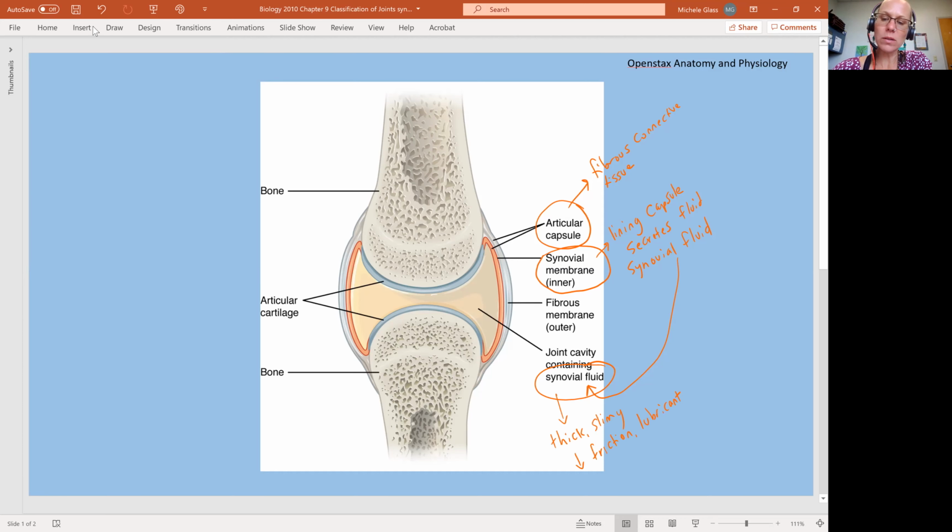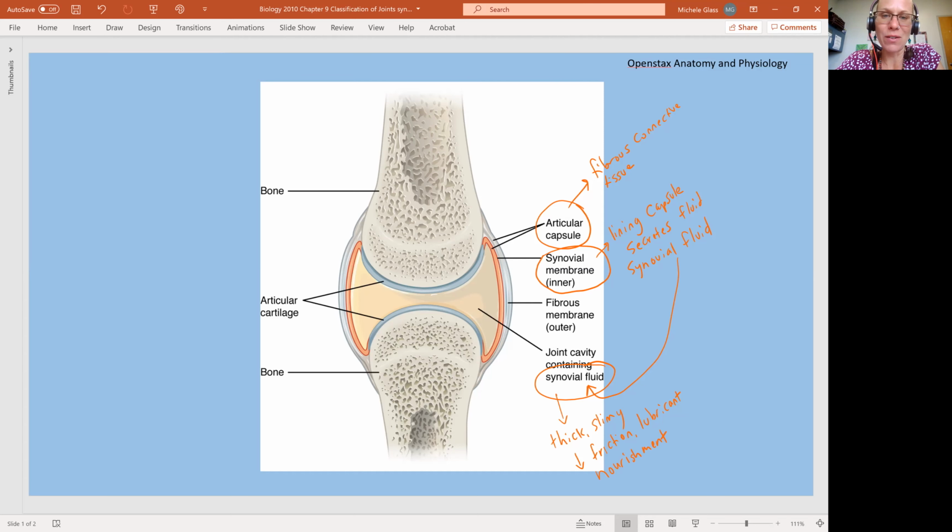And then what we'll also see is that in this fluid, we have all of the oxygen and nutrients that the living tissue of the joint needs. Notice there are no blood vessels penetrating through the joint. That should make total sense, because if you had blood vessels extending through that joint, every time you bend or move at that joint, you're potentially damaging that blood vessel.